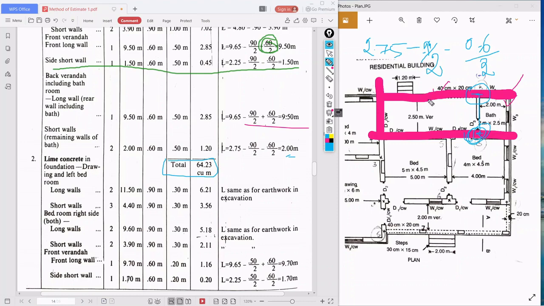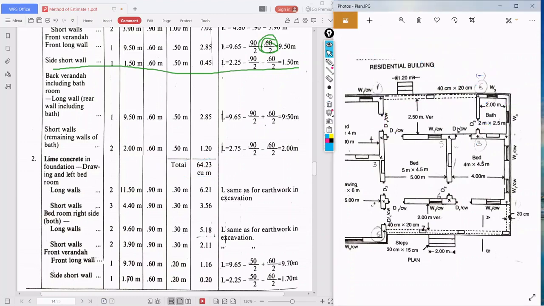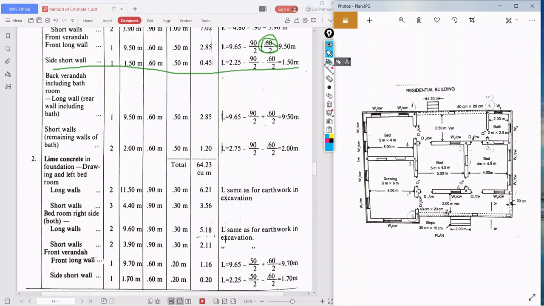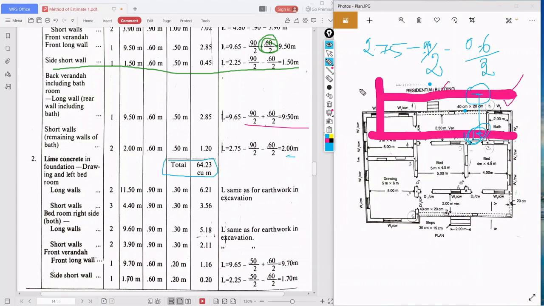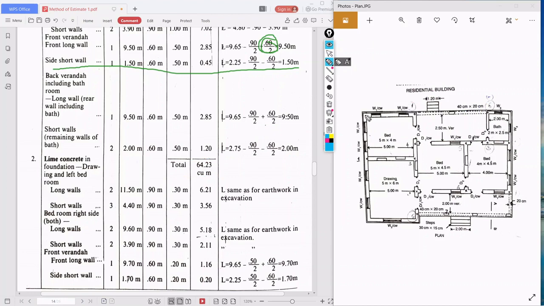So now every excavation is done for your building. Every part of the excavation is done. If you have seen the marking at the site level, you will understand what I am telling you.